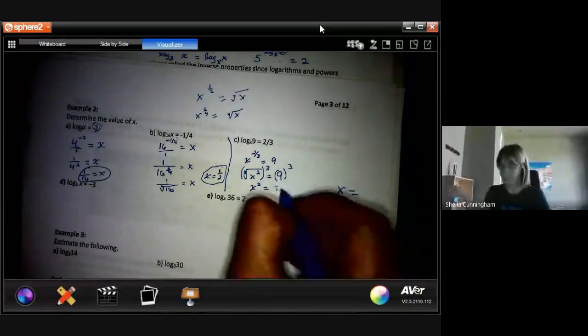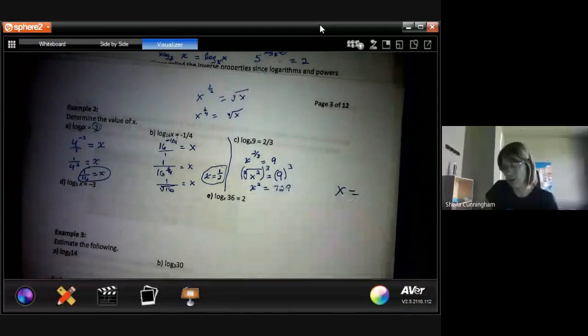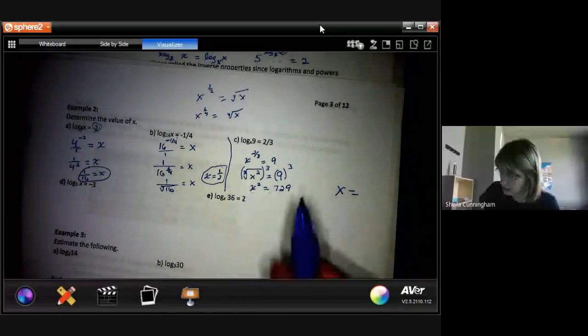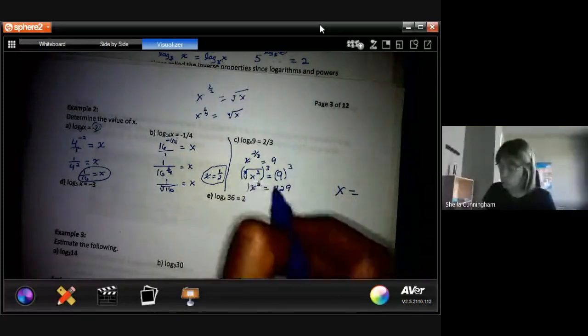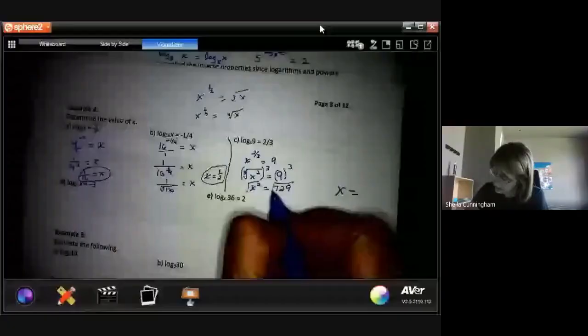So now I've got x squared is equal to 729. Again, I needed an x, not an x squared. The opposite of squaring something is to take the square root of both sides. So if I take the square root of 729, I find that x equals 27.